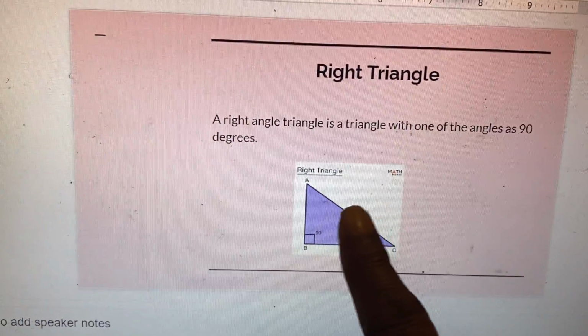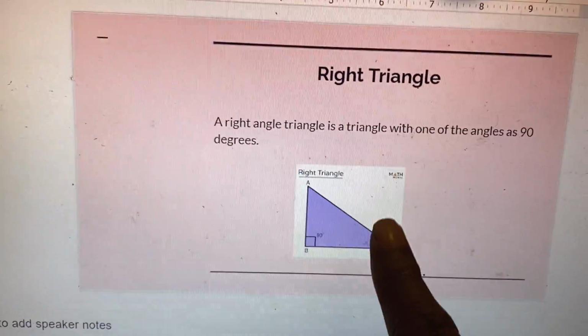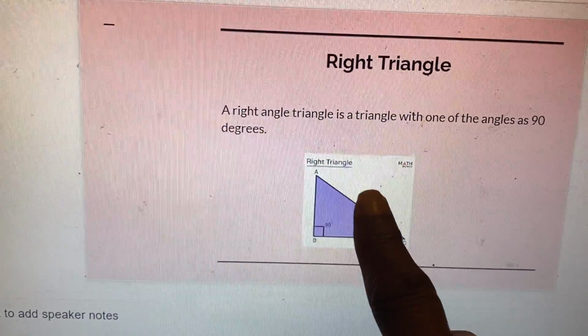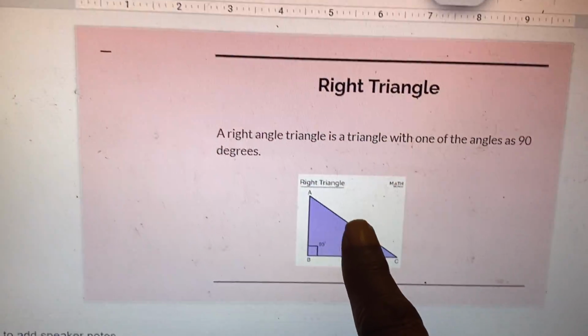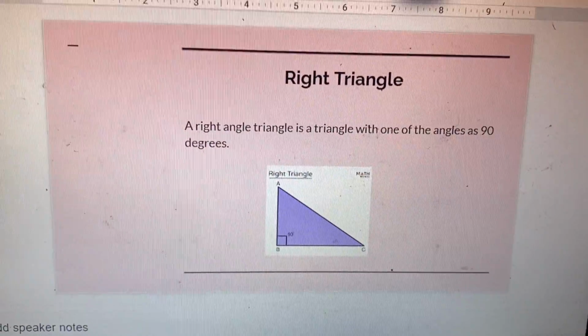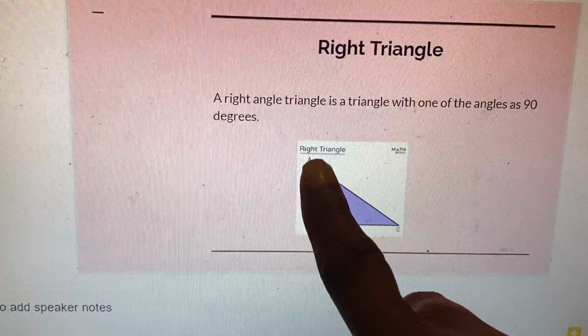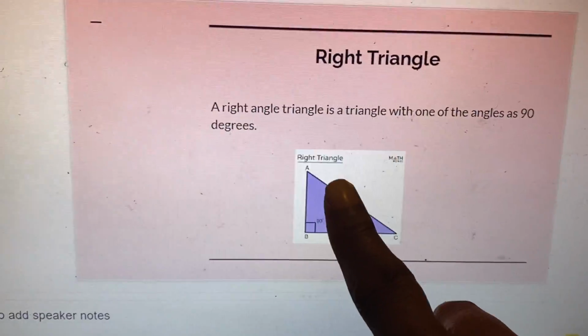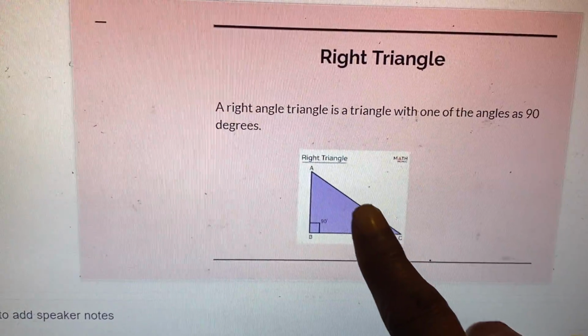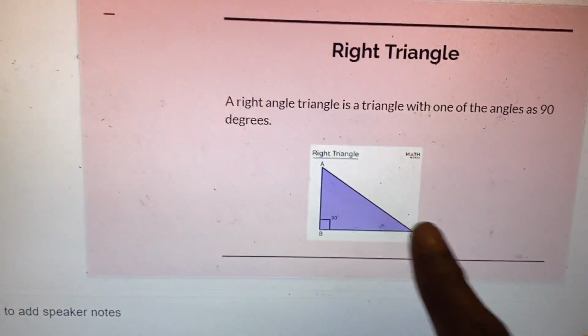You will later on see that this part is unknown. When we move into the Pythagorean theorem, we have to understand the measurement of this leg, which is the hypotenuse leg, which is unknown.